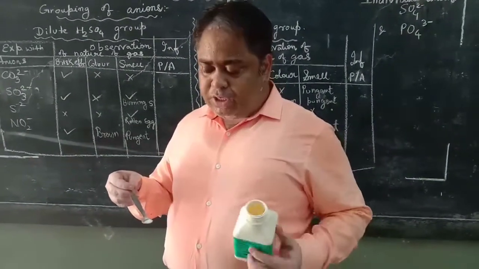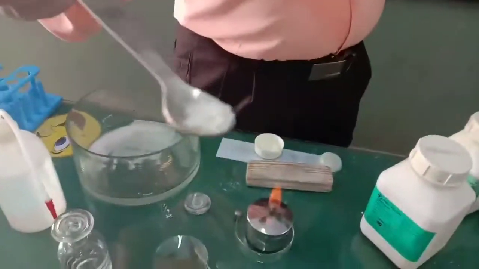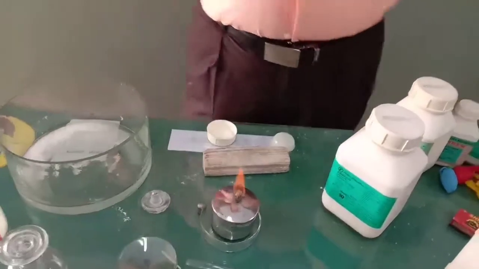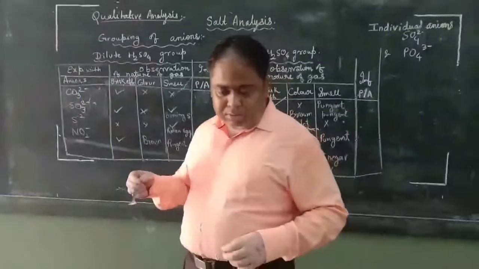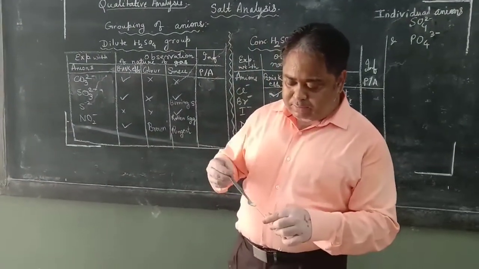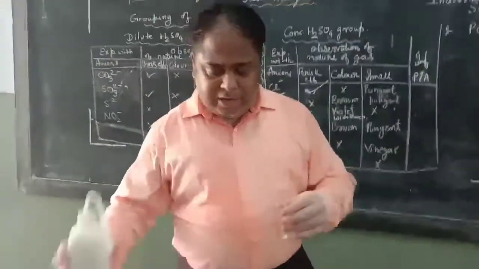You will be surprised to see that ammonium sulfate looks like sugar. See, ammonium sulfate just looks like sugar. So all that looks like sugar is not sugary, just like all that glitters is not gold. Urea also looks like sugar. So I have taken ammonium sulfate. I will dilute it.